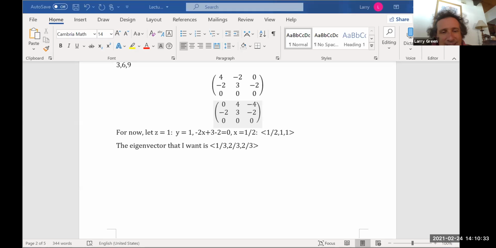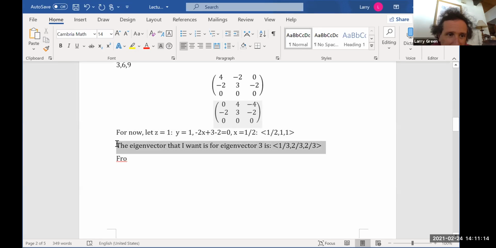And the idea here is they're all going to be kind of nice. Let's see if I can get these in the right order. 3, 6, 9. Then we had 1/3, 2/3, 2/3 the first, negative 2/3, negative 1/3, 2/3. So the eigenvector that I want for eigenvalue 3 is that.